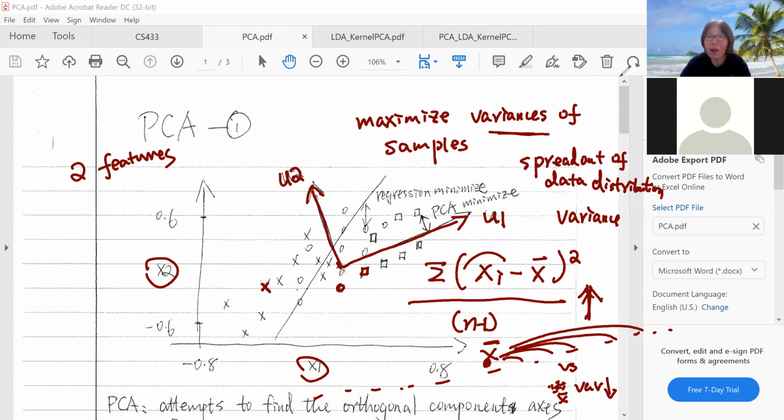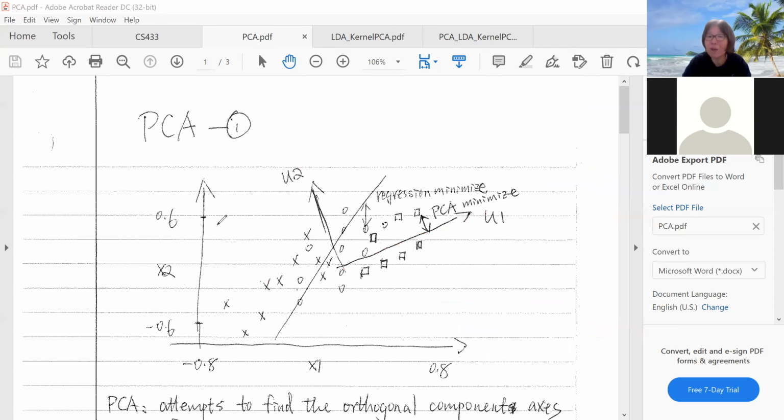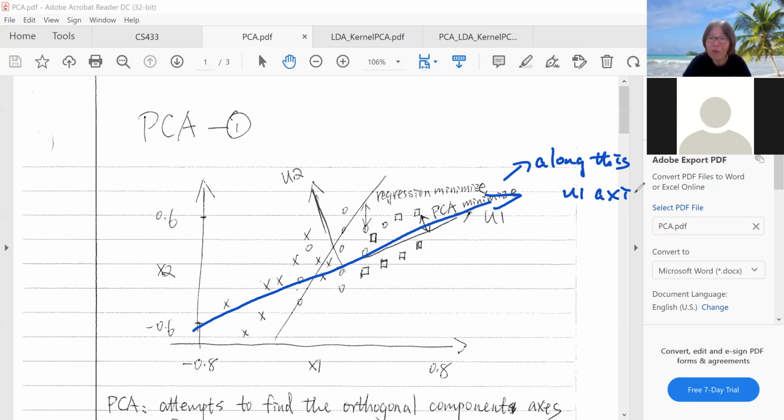Maximizing the variance depends on your coordinate system, so it can be different. Think about it. Over here, if we pick this direction, then you can see the data is distributed along this U1 axis the most.